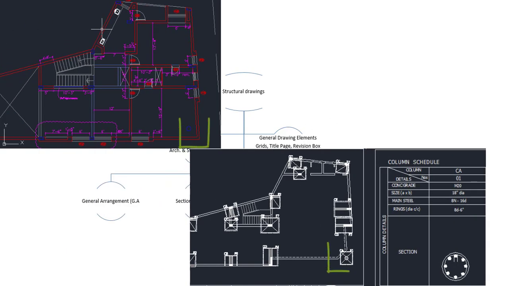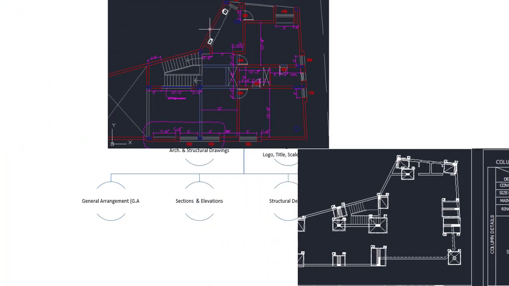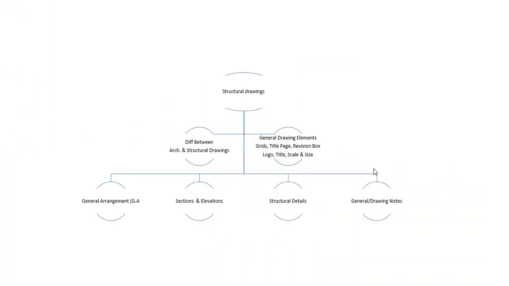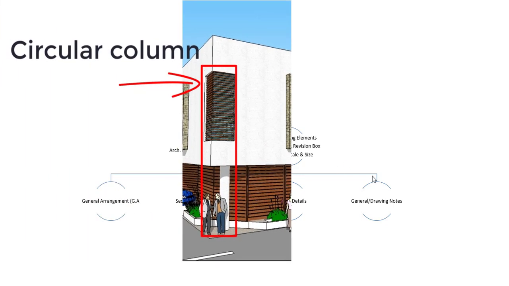Now let me give you an example. Let's say a load bearing column which is shown on both the structural and the architectural drawings. However, the information provided for that particular column between these two sets of drawings is quite different, right? If we talk about the architectural drawing, the dimensions and appearance of the column are important to the architecture of the building.